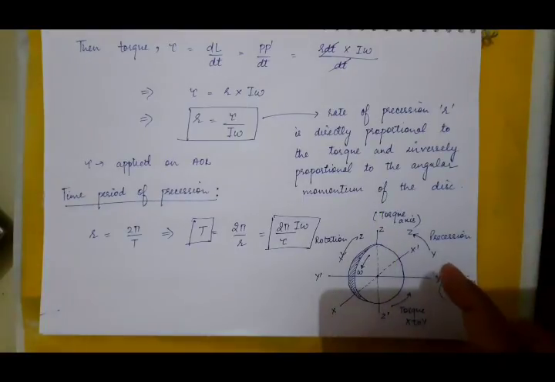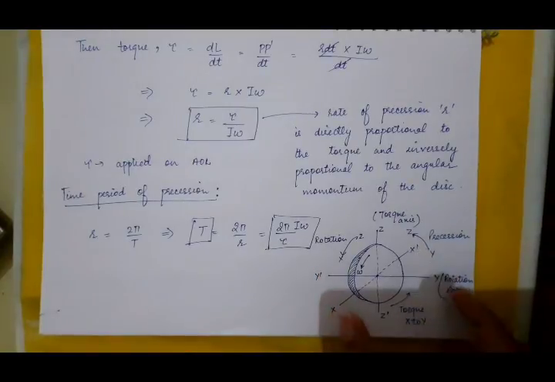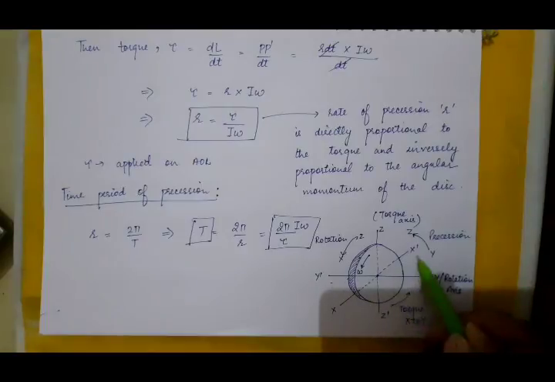And because of this torque, if you apply torque on this y dash axis, it means you are applying force. So this y dash will rotate under that torque. From this position, it will attain some position here, then here, then here, then here.